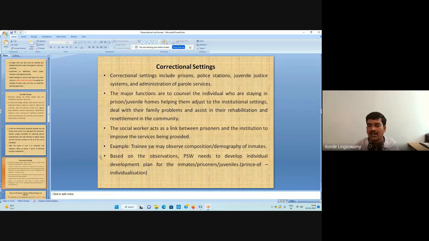In another case, the inmate's age is around 25 to 30 years. As a social worker, we need to develop an individual plan for training after completion of his sentence, so that after his jail life, he can lead his life respectably.